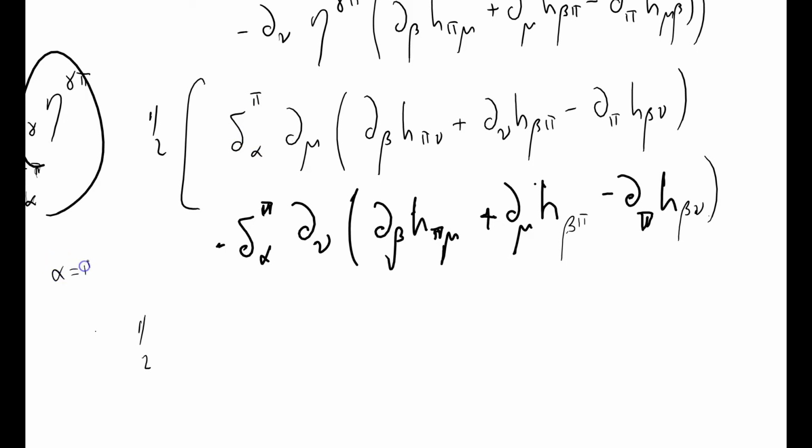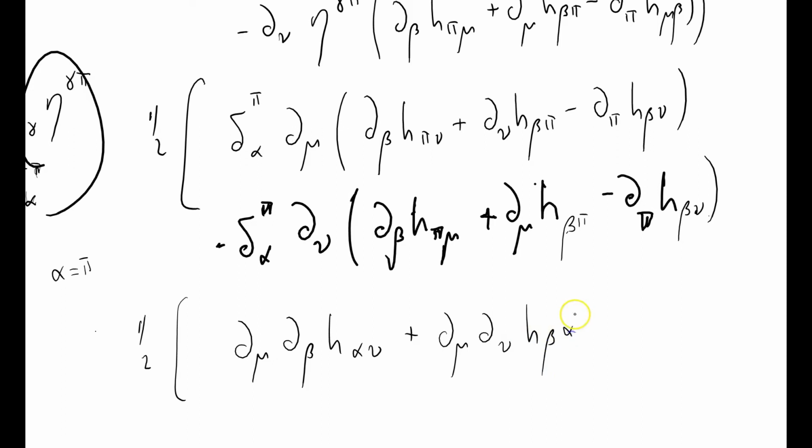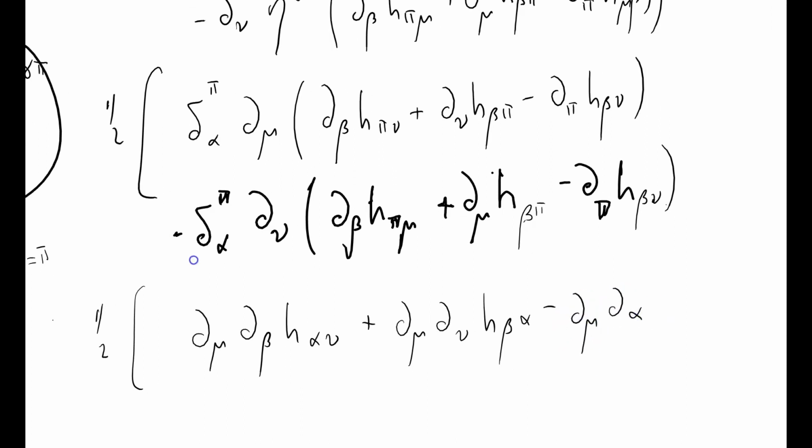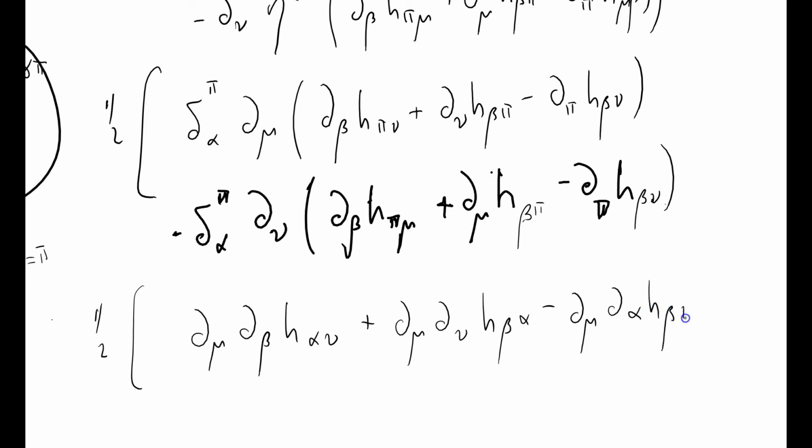So alpha equals pi. So I may as well just not bother with the pi and just write alpha. So I've got di mu from this term here, di beta from that term there, h alpha nu, because the pi has turned into an alpha, plus di nu h beta alpha, because the pi's turned into an alpha, minus di mu di alpha h beta nu.